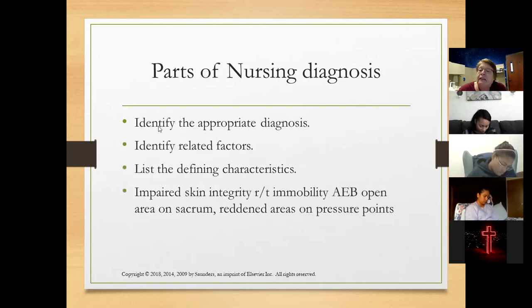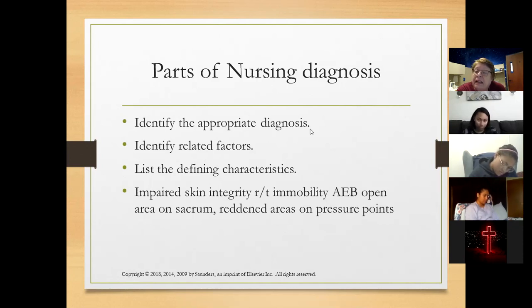So, identify the appropriate diagnosis. Let us say that your patient has a sacral ulcer, an ulcer on their backside that is open, draining yellow drainage, and has a lot of pain. Okay? So we have identified that the appropriate diagnosis here is not the sacral ulcer.